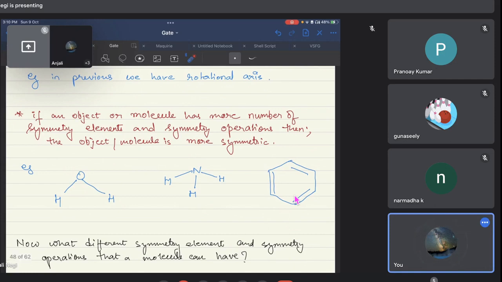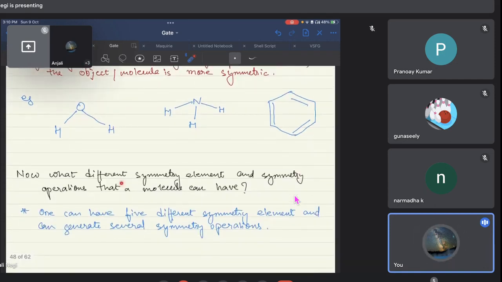Now, the question is what different symmetry elements and symmetry operations a molecule can have. You have seen the axis of rotation, but what are the other symmetry elements for which a symmetry operation takes place and I get an indistinguishable structure which is symmetric?